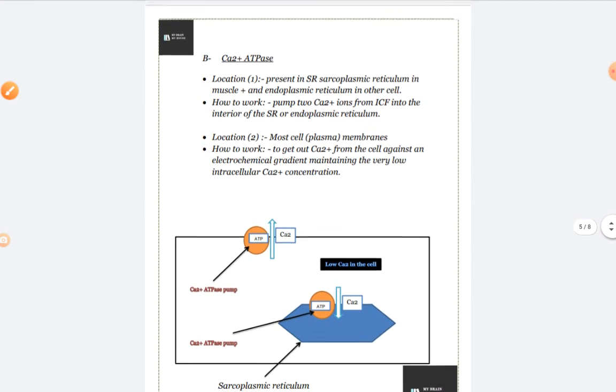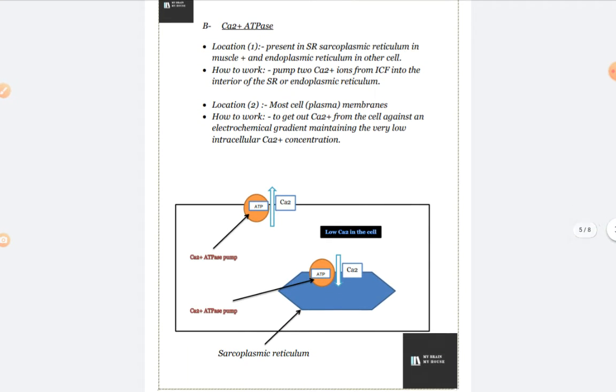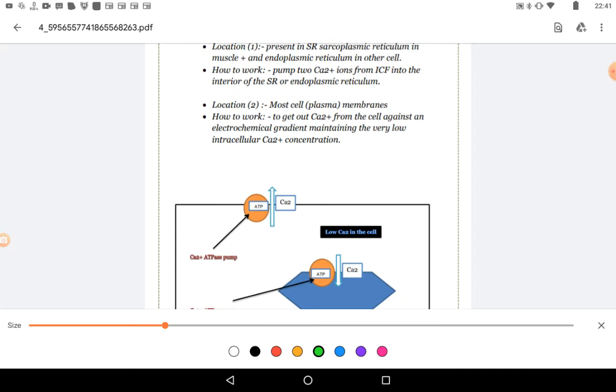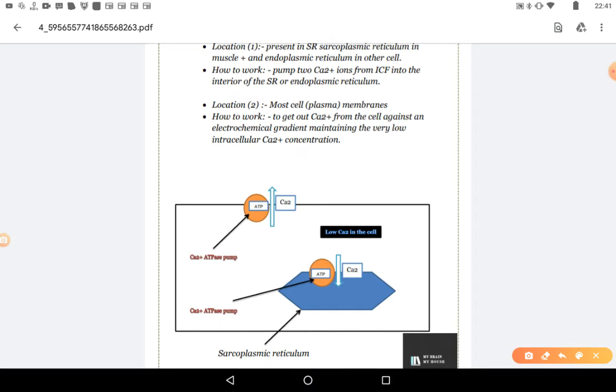Another example is the calcium ATPase pump. It is present in two locations. Location number 1 is the sarcoplasmic reticulum, which is a specific type of endoplasmic reticulum found in the muscle cell, and it pumps calcium from the intracellular fluid into the endoplasmic reticulum.